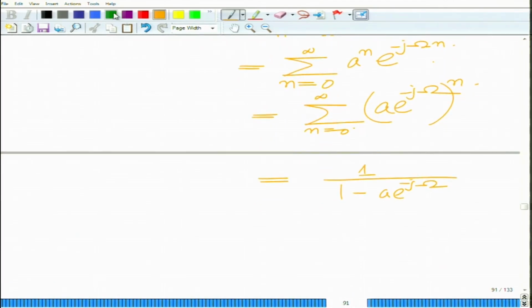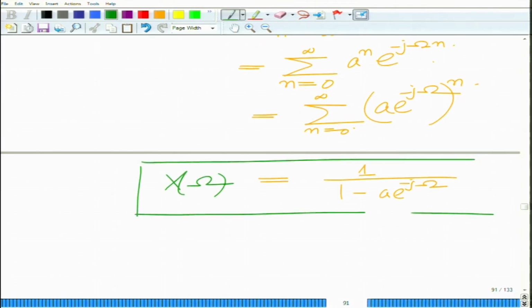So X of omega is given by this expression, 1 over 1 minus a e raised to minus j omega.